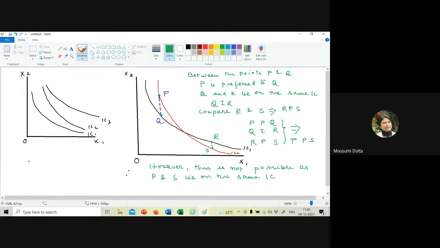If two indifference curves cut each other, we get a contradiction. Hence, the two indifference curves cannot intersect each other. The two indifference curves should be non-intersecting. It's not necessary that they will be parallel. However, they should be non-intersecting. Any question? Everybody got it?